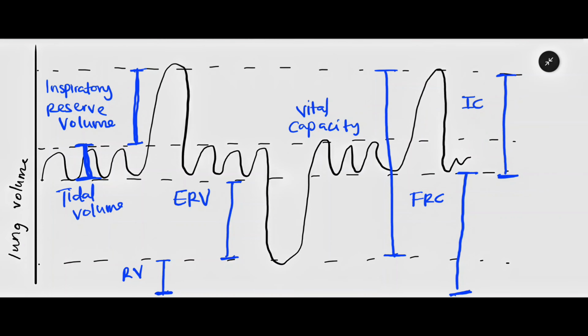And the total lung capacity, TLC, is just the whole thing. So all the way from the top all the way to the bottom there. So those are the different volumes and capacities and how to actually label them on a graph like this.